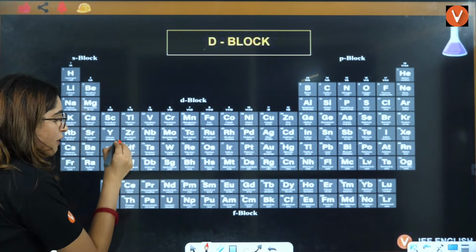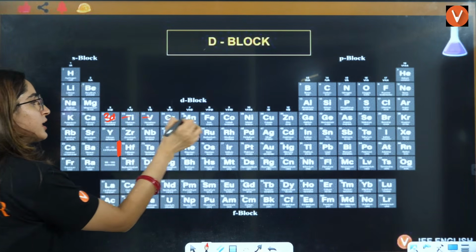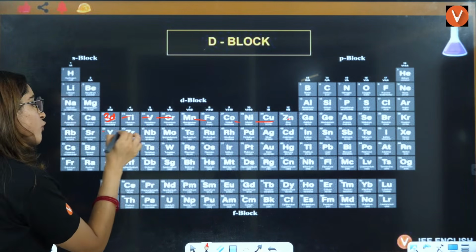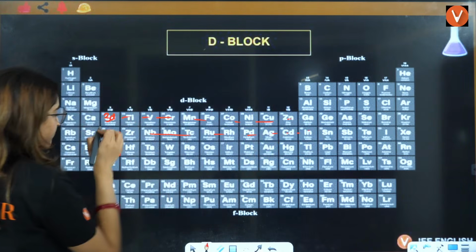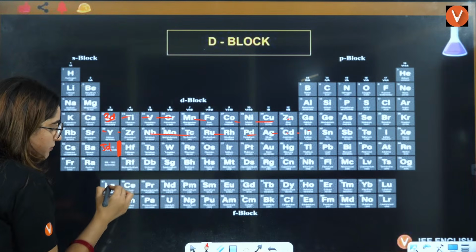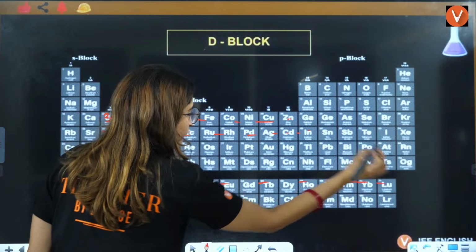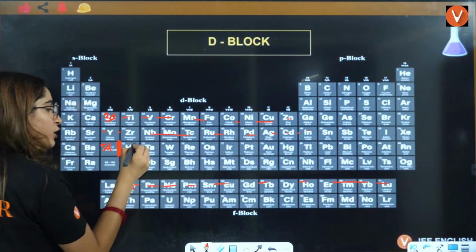Till here you have 3D, here you have 4D, here you have 5D. Suddenly in hafnium, here you have 4F, and here also you have the filling of 4F.